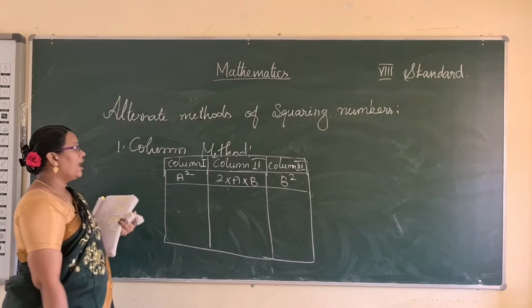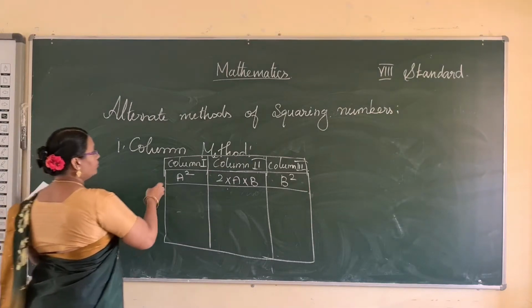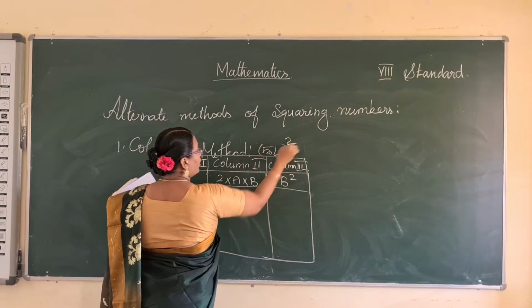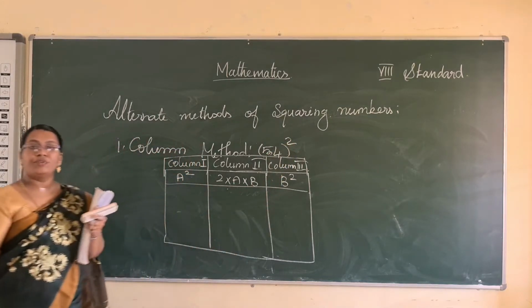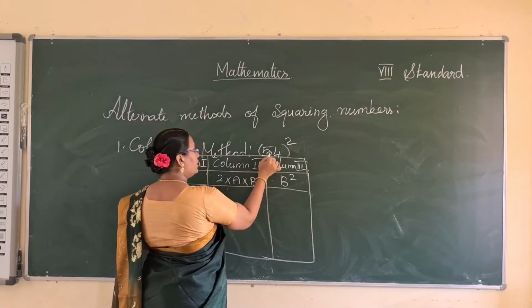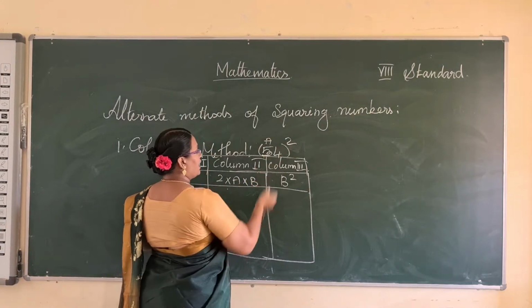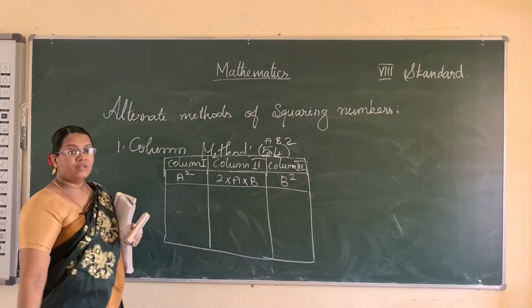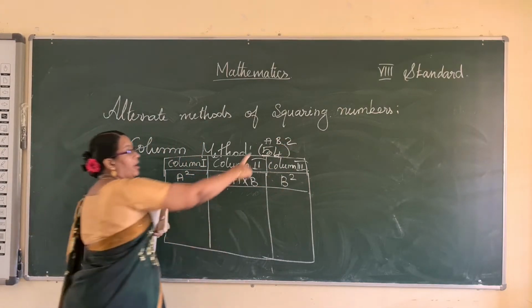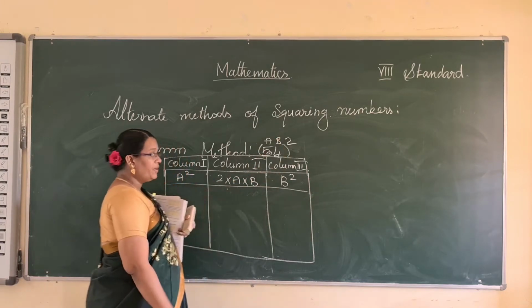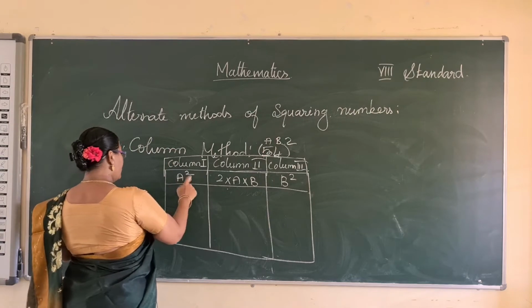Find the square of 54. Here we consider the first digit as a and the second digit as b. Now substitute the values.